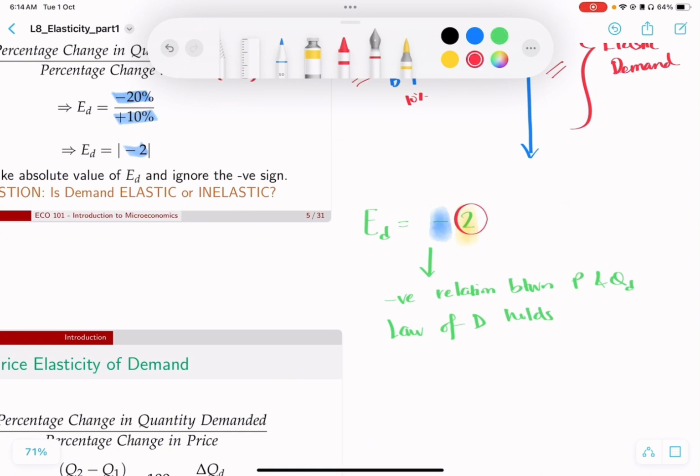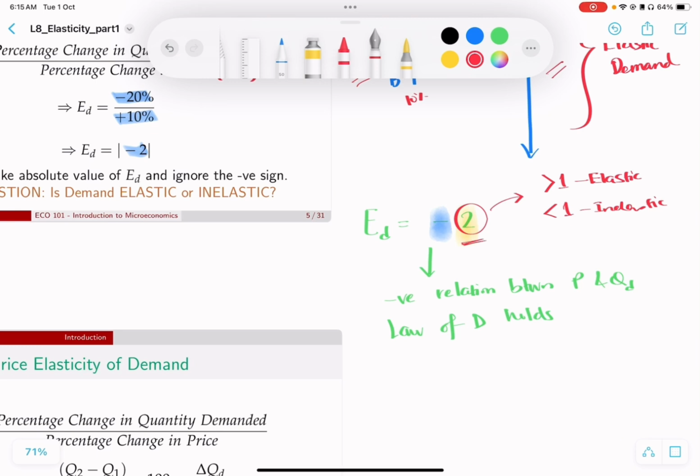Now we're going to study the rules pretty soon. This number, if it's more than 1, we say it is elastic. And if it is less than 1, we say that it is inelastic. So that's why you have to ignore the minus sign. Whether it is more than 1 or less than 1 depends on this value here.